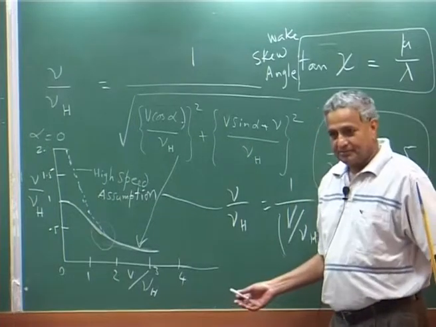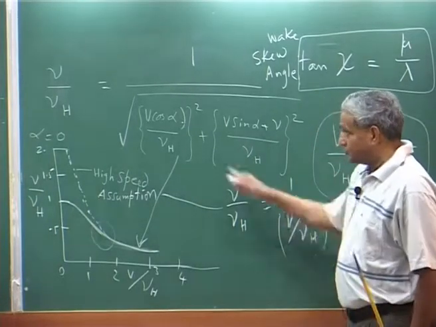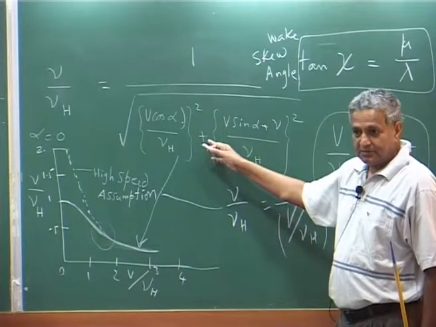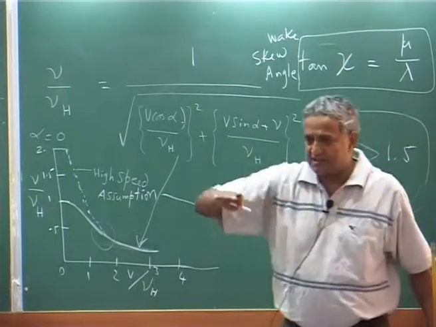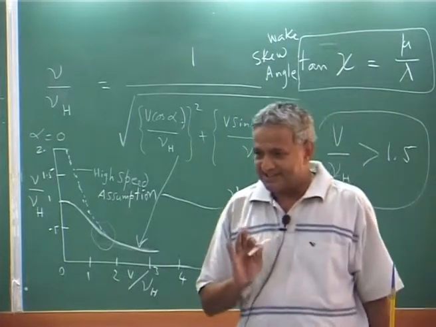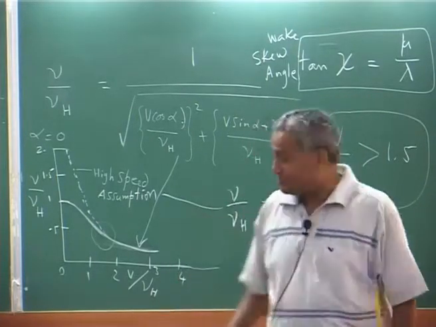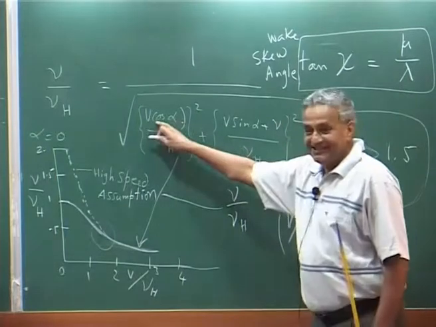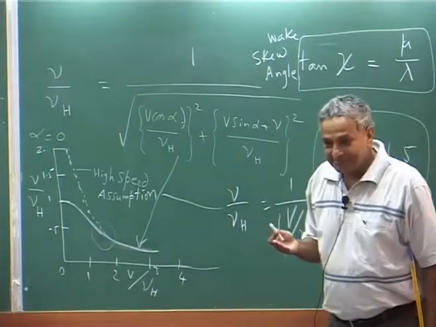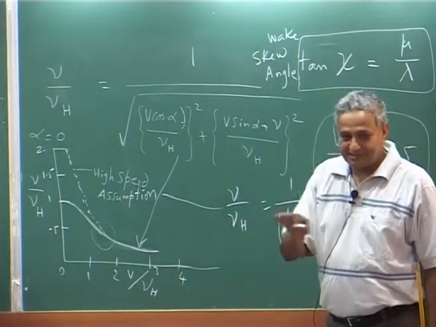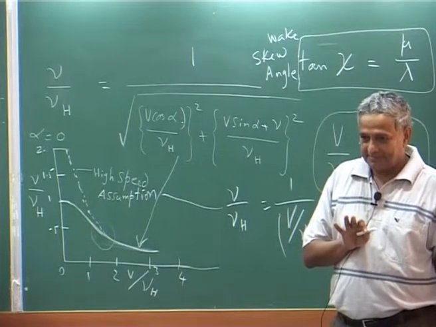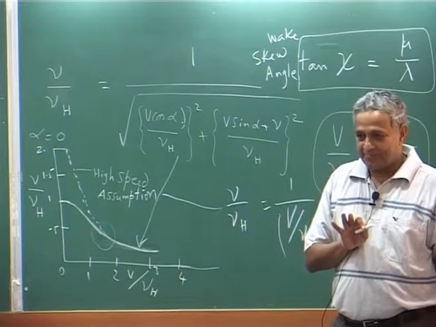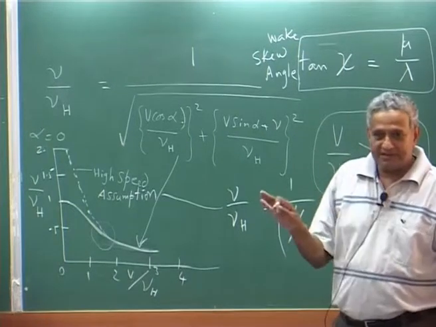This is this curve with alpha 0. That is also high speed, isn't it? This one, no, this is not high speed. Why? I can fly horizontally, that is not high speed. Please understand. High speed is when V is much larger than nu. It has nothing to do with alpha. Alpha does not define the high speed.